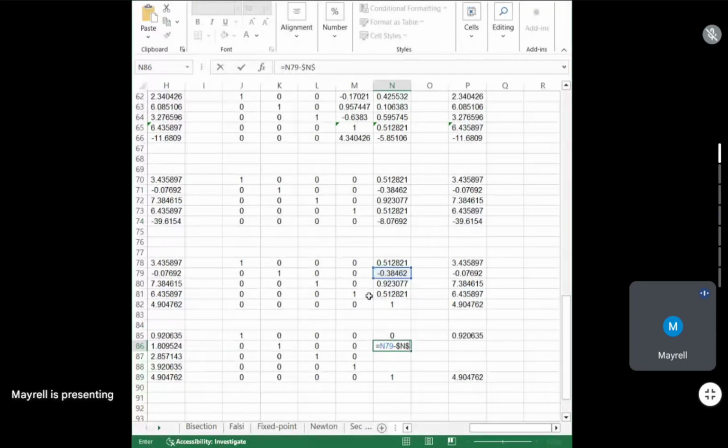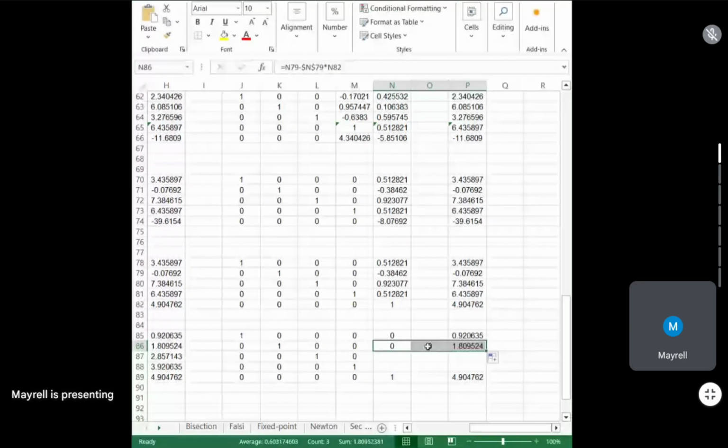Then row 3, the element in row 3 minus the element in A35, so that is cell N80 times row 5.